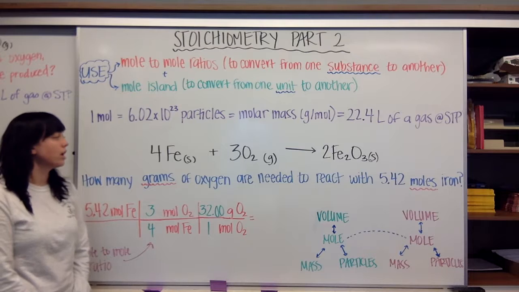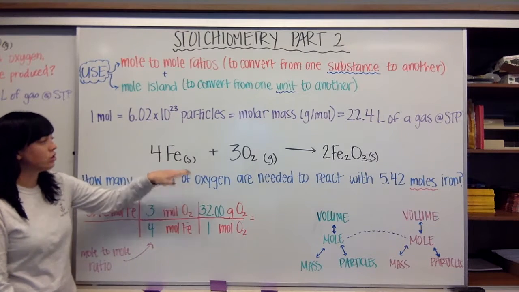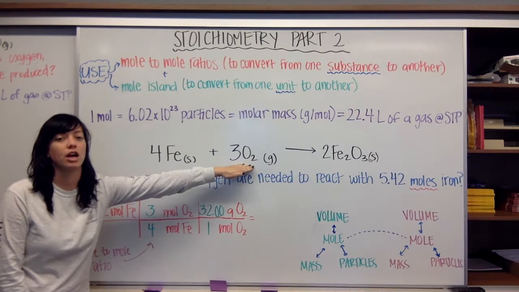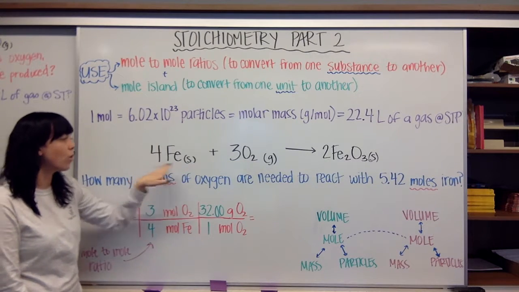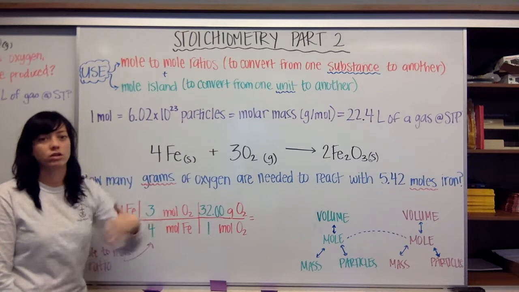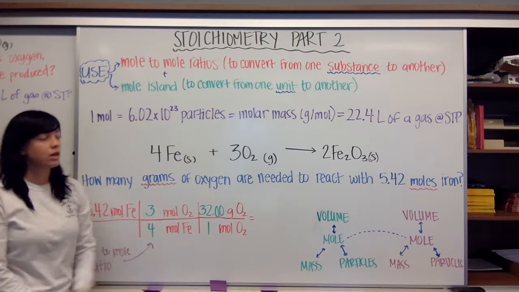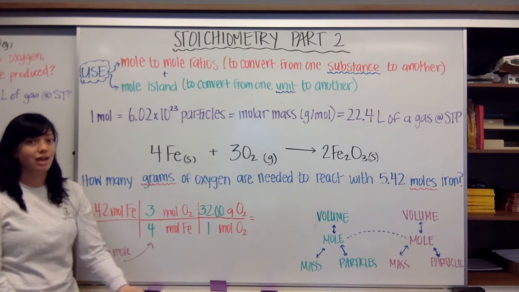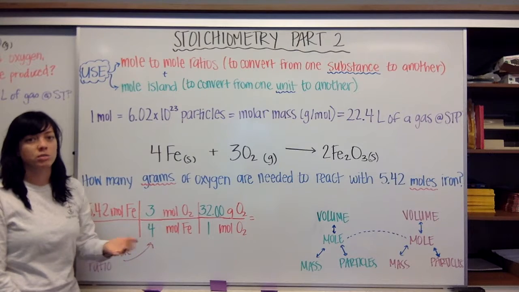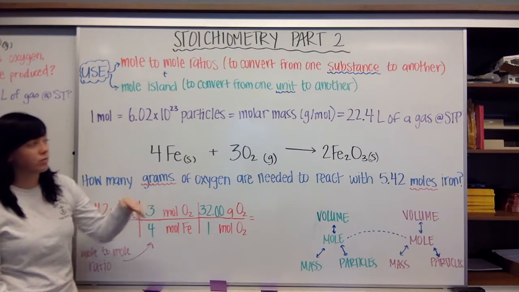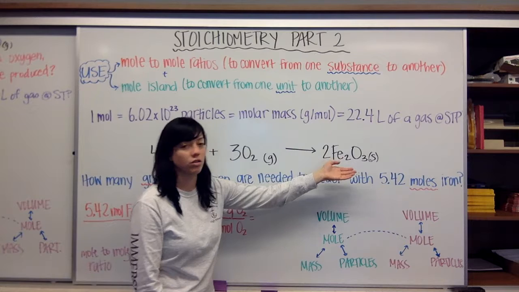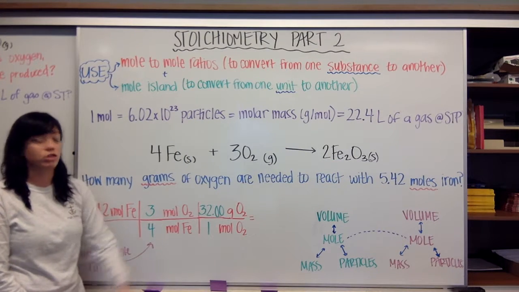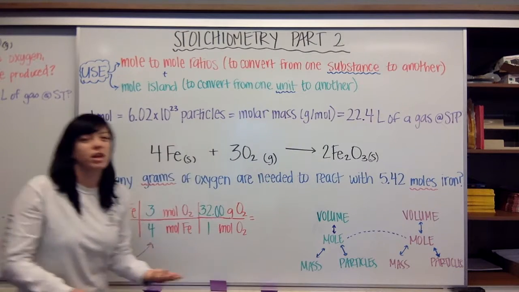So if I am going from iron to oxygen in this balanced equation right here, I have to use my mole-to-mole ratio of 4 to 3 in order to predict or calculate anything. Just like at the end of last unit, when we had to use our mole-to-mole ratio to predict the number of moles of iron in iron 3 oxide, you had to go to moles and use your mole-to-mole ratio to jump from one island to another before we could do anything else.